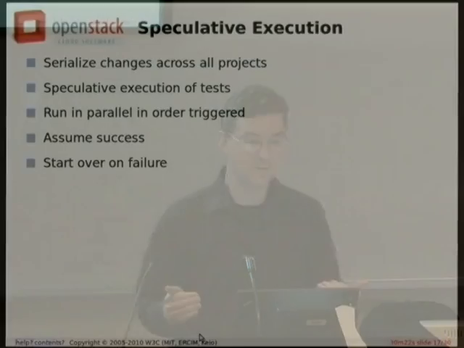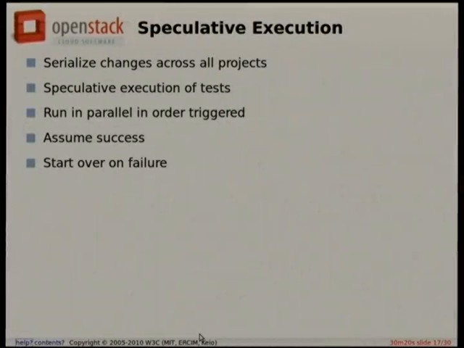So what we do with Zuul is we have a system that uses speculative execution to test lots of changes in parallel, but do so after having set them up in a sort of virtual queue of changes where they depend on each other serially.